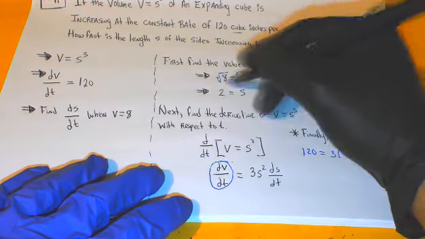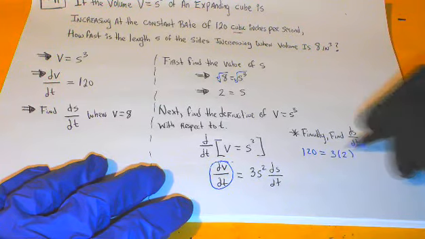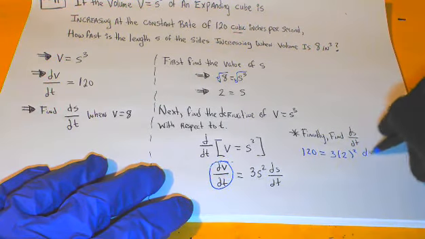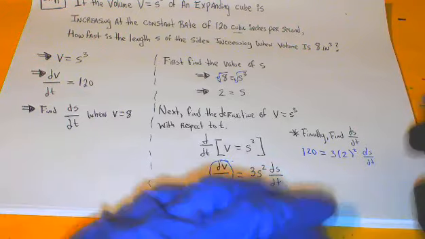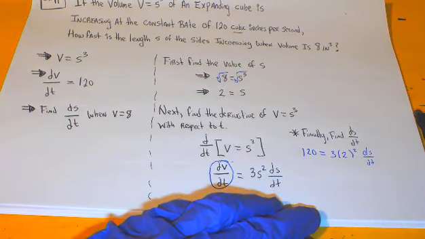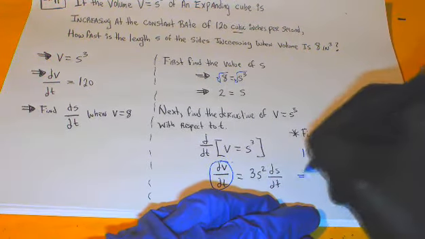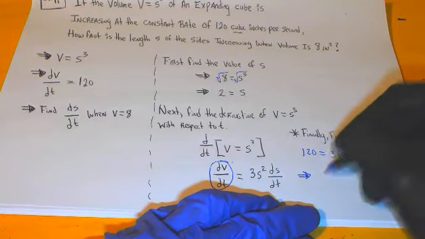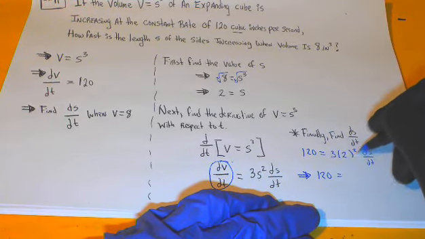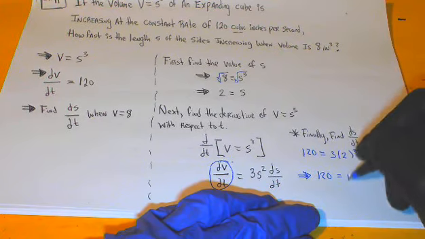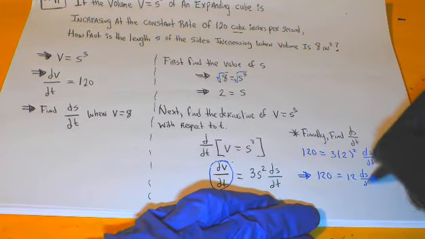S was given to be 2, so we have 3 times 2 squared dS/dt. 2 squared is 4, and 4 times 3 is 12. So it's 12 dS/dt.